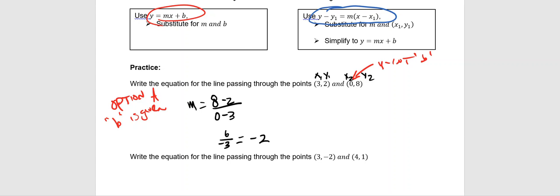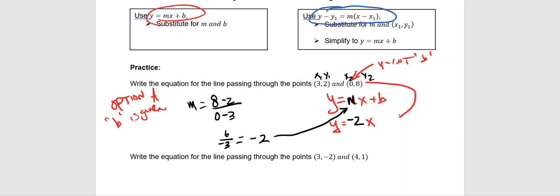From there, because I know my b value, I can go right into y equals mx plus b. I know my m, so I'm going to substitute that in. So I'm going to say y equals negative 2x, and I know my b value, so I'm just going to say plus 8.